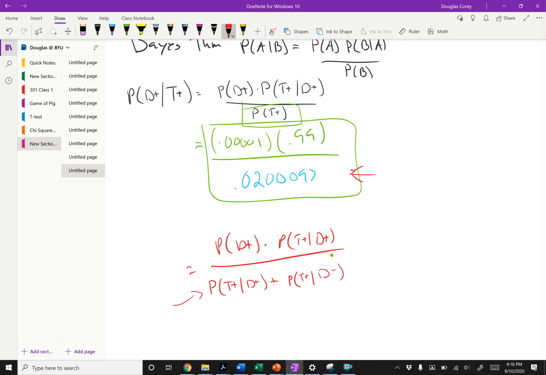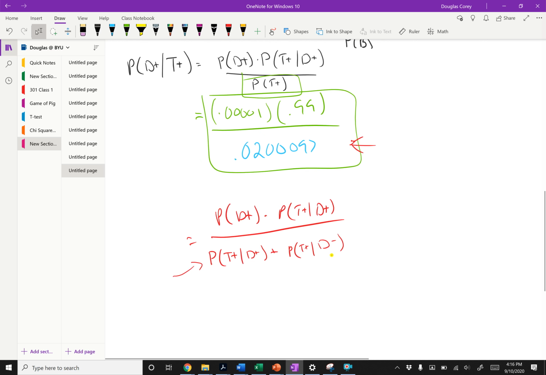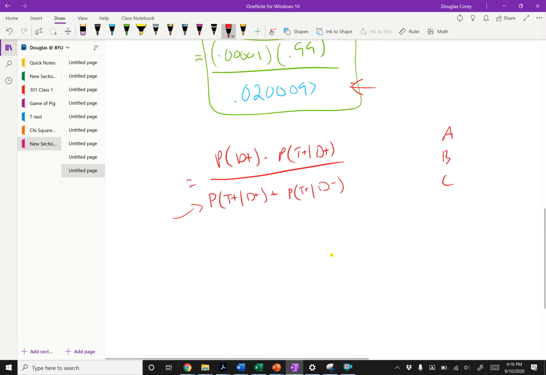This way has some advantages because it generalizes. Suppose you don't just have two options, having the disease and not having the disease. Suppose you had 3 options, some context where you had 3 options.